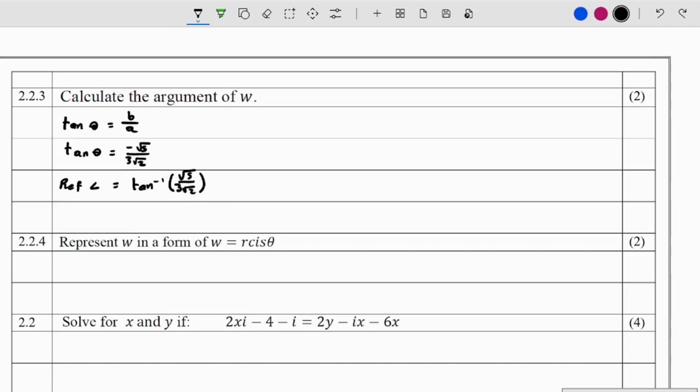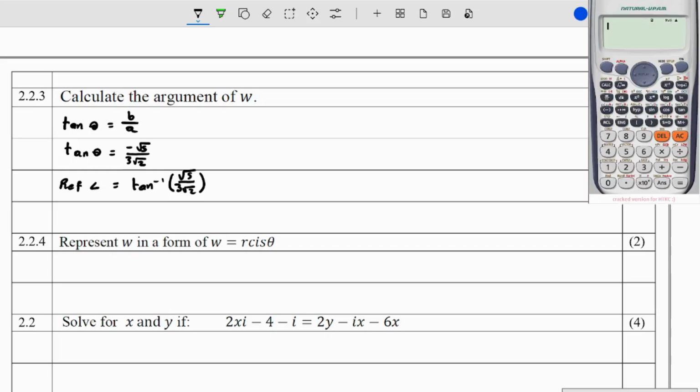So use your calculator. Clear. Press shift and then tangent and then fraction and then √5. Then you divide it by 3√2. Okay, make sure that your calculator is in degree mode.